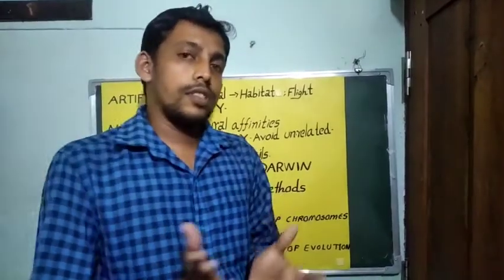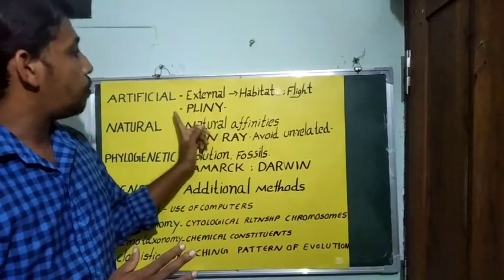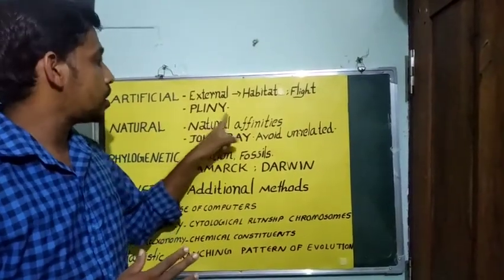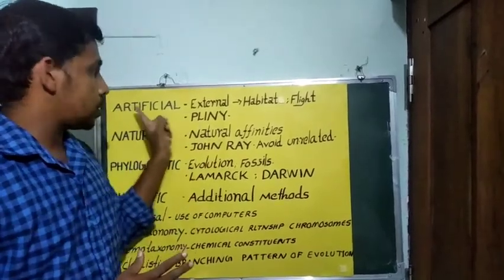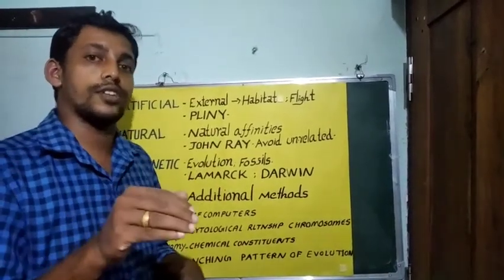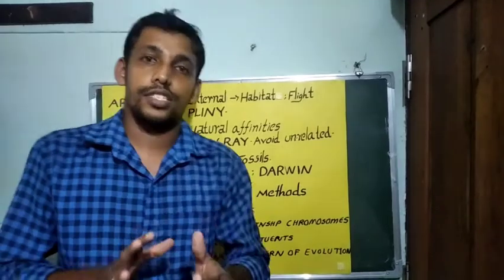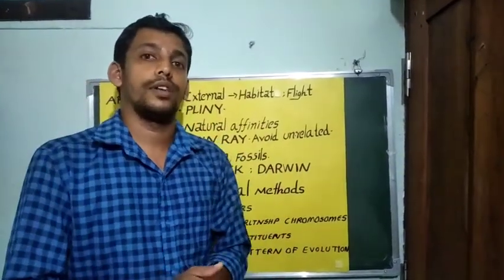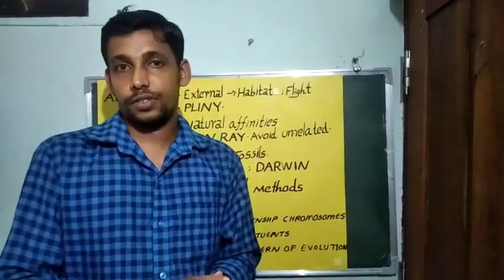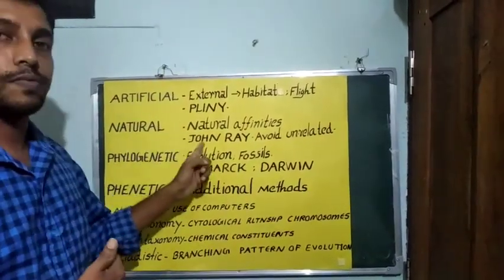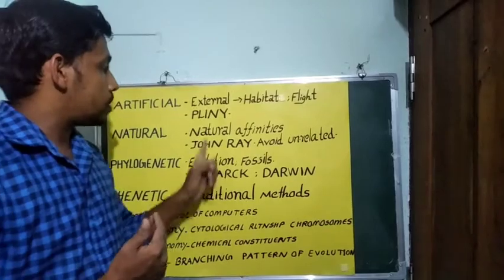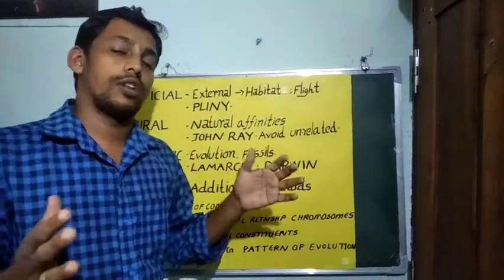The name associated with this system of classification is Linnaeus. It is the name of the scientist associated with this artificial system. Here we are considering the external, superficial similarities between the organisms. Next comes the natural system. Here it is based on the natural affinities among organisms.